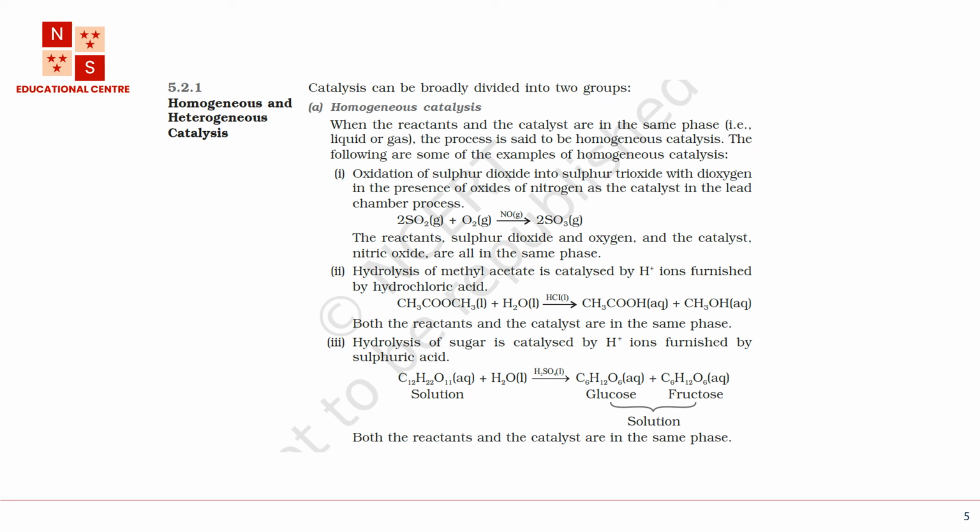So for homogeneous catalysis, we have seen this example and some more examples, like hydrolysis of sucrose. These are some of the examples of homogeneous catalysis, and I have given them in two types of tabular column, that is gas phase catalysis and liquid phase catalysis.